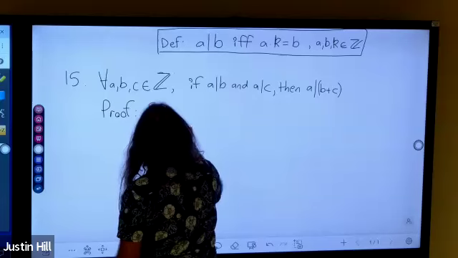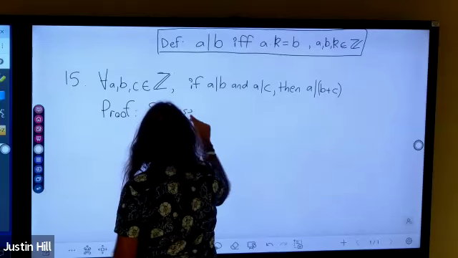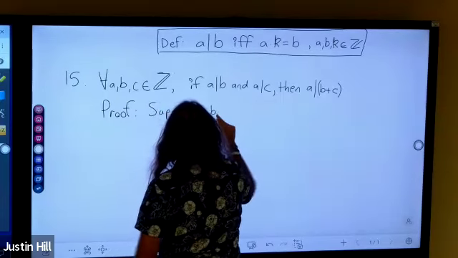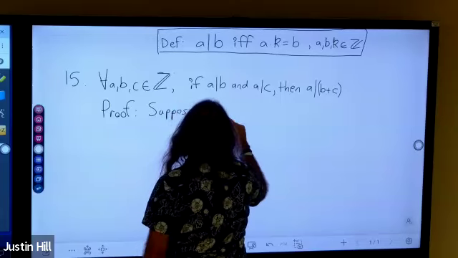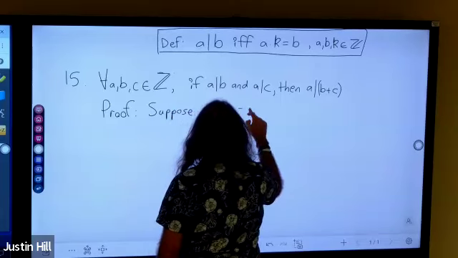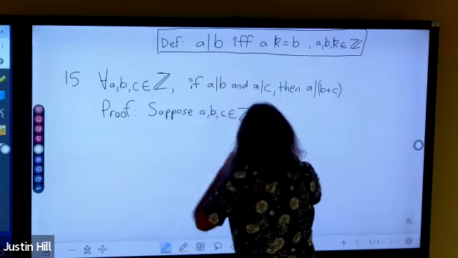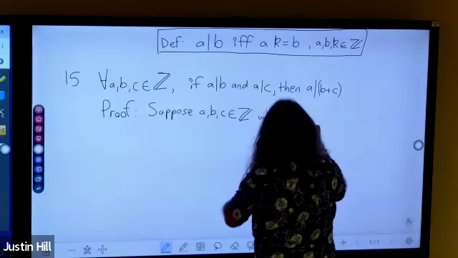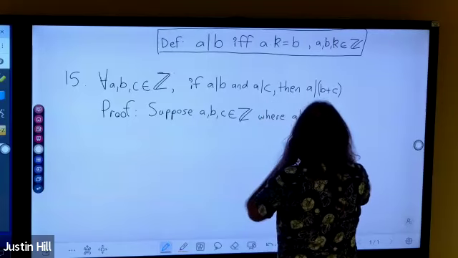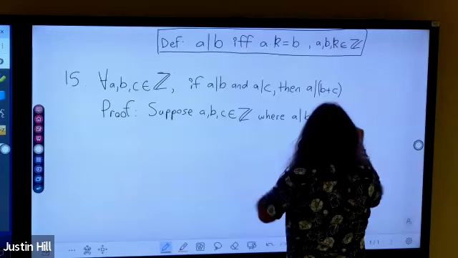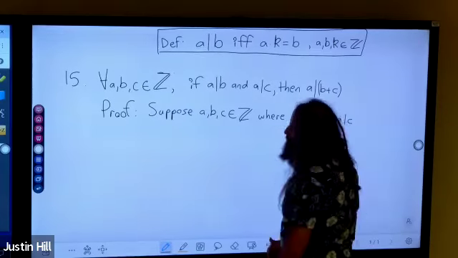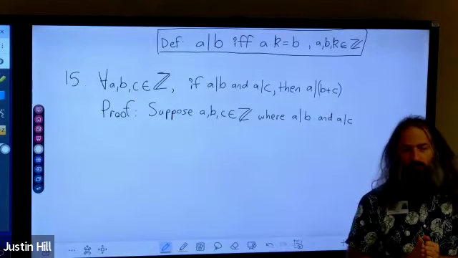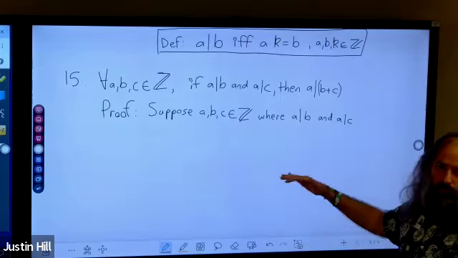Suppose A, B, and C are integers. So my specific conditions here are A divides B and A divides C.